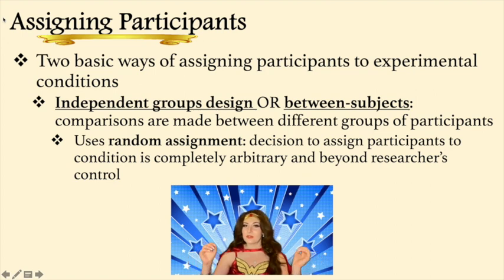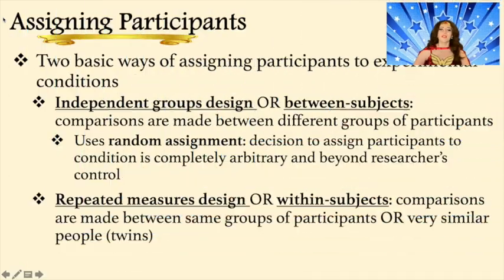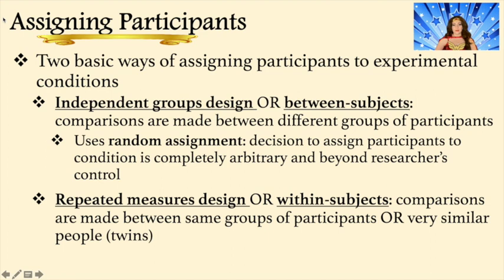And so by using random assignment, we're going to be able to represent a variety of individual differences across the two different conditions, so that those specific characteristics and individual differences of the participants are not going to be the things that influence their mood after they've exercised or did not exercise. The second type of comparison is called repeated measures design, or within subjects.